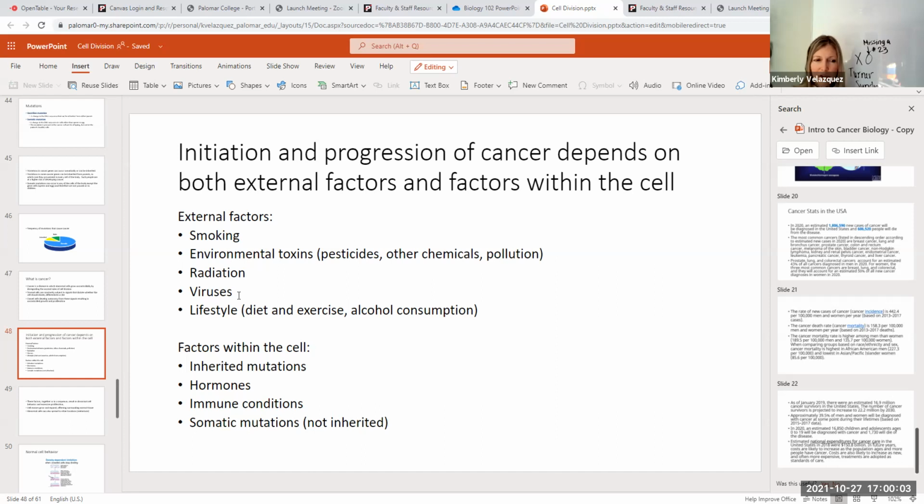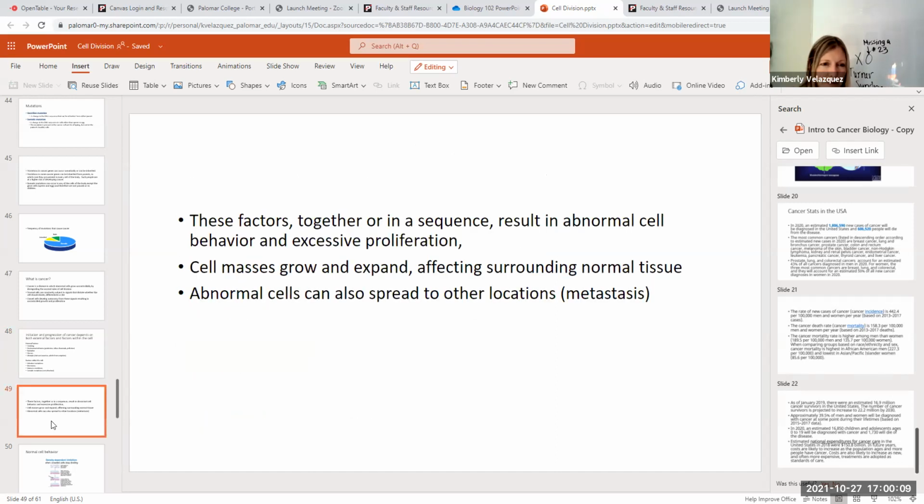And then you can have just random mutations during your lifetime that can occur regardless of whether you're exposed to something or not. So a lot of these things can happen together at the same time or just individually, but they will result in an abnormal cell behavior and excessive cell division. It's when the cell division gets out of control that it's a bad thing.